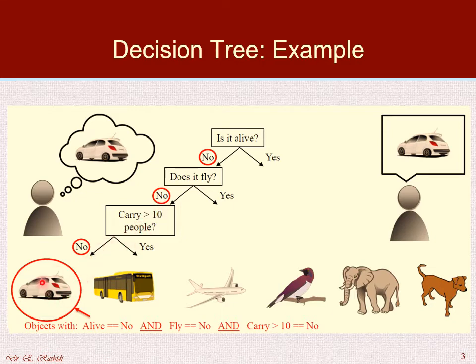That's the only object here out of these 6 that has these qualities. Sounds very simple, and that's the essence of a decision tree.